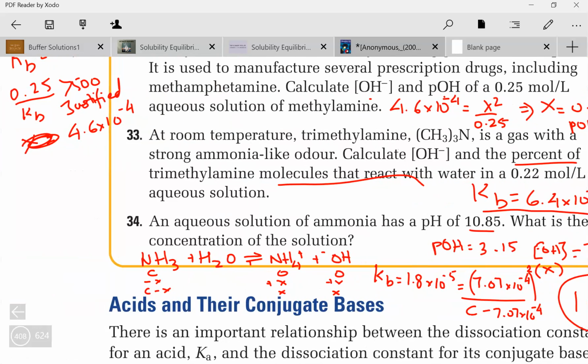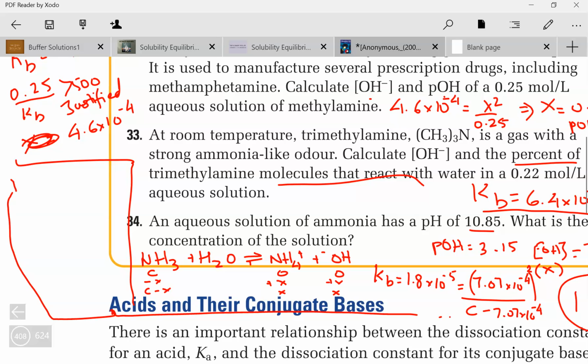I have room over here, so I'm going to just continue that over here, arrow. So I'm going to move this up here and move that down there, just so that I have C minus X equals X squared divided by 1.8 times 10 to the power of negative 5.